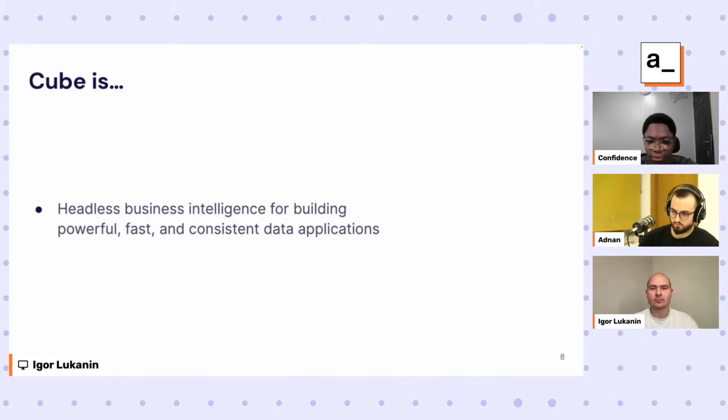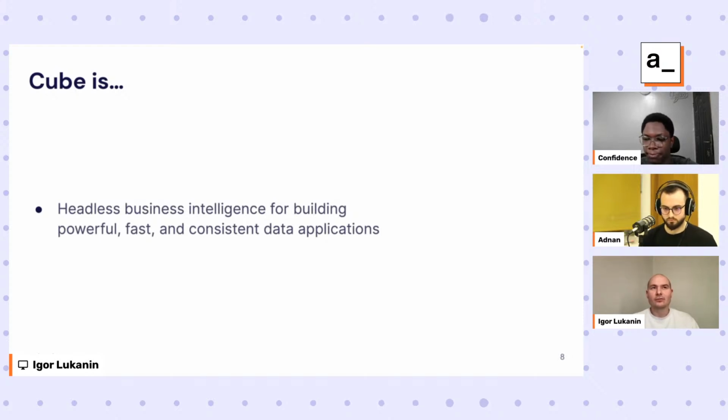There are many APIs supported, but headless here means that Cube provides that data. You're free to decide however you'll use it. The business intelligence part means that Cube is focused on analytics, and making sense of mostly quantitative data, something that looks like metrics, something that you'll be putting on charts or in tables, and that's where you get the insights.